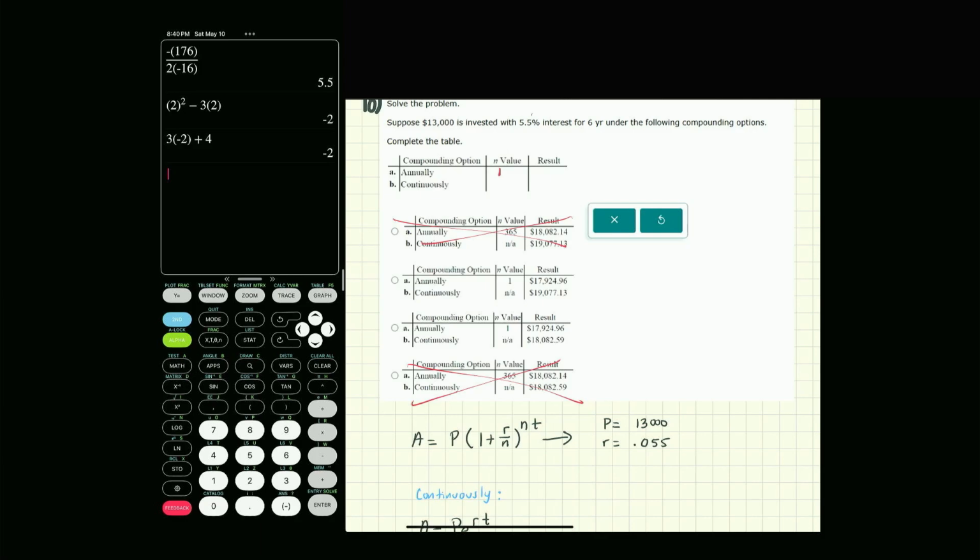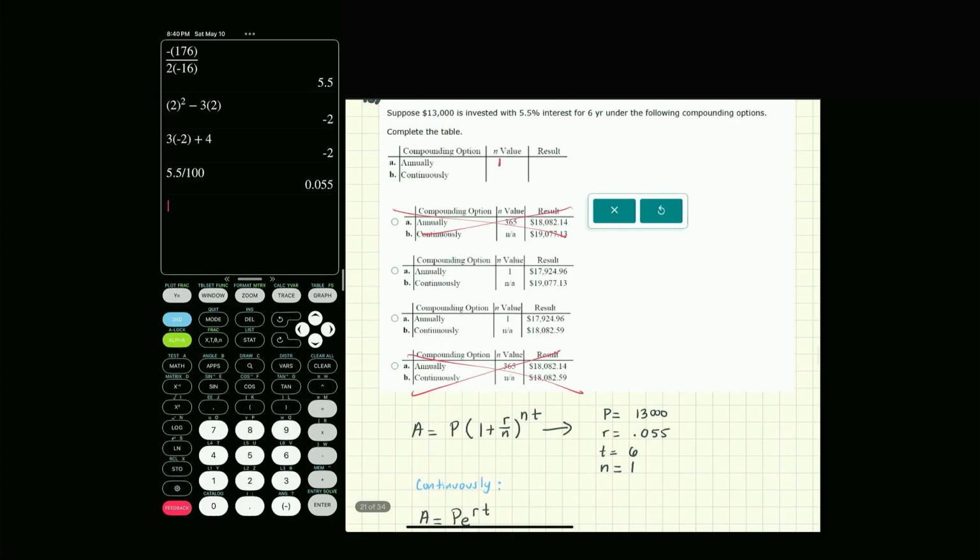If you don't know that, just take your percentage and divide by 100, and that'll give you the proper decimal to use. The time is 6 years. And of course, annually, we talked about, means once per year.